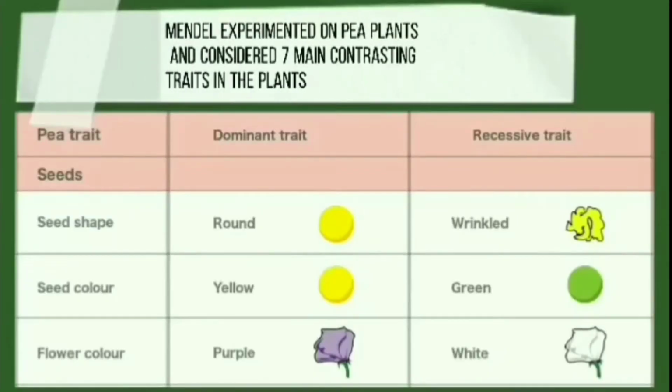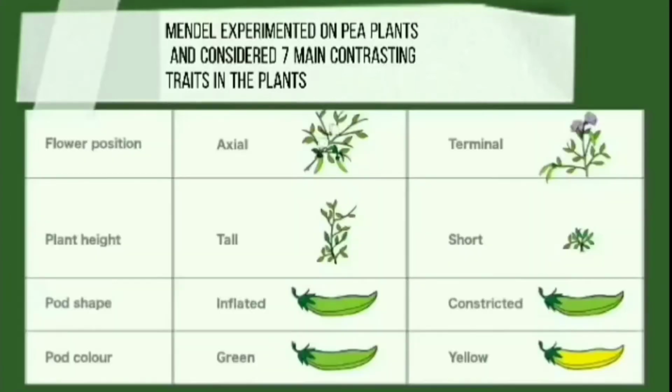Mendel experimented on pea plants and considered 7 main contrasting traits in the plants. Seed shape, dominant trait, round, recessive trait, wrinkled. Seed color, dominant trait, yellow, recessive trait, green. Flower color, dominant trait, purple, recessive trait, white.